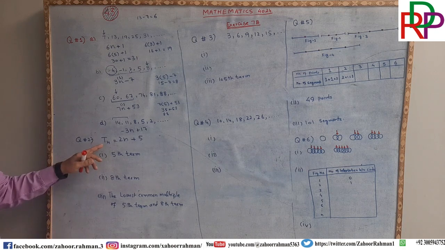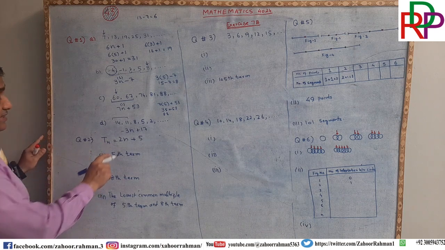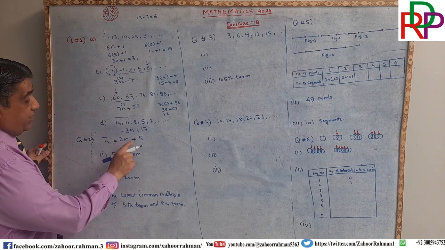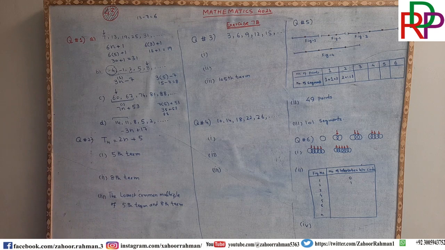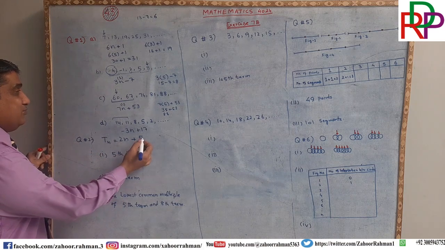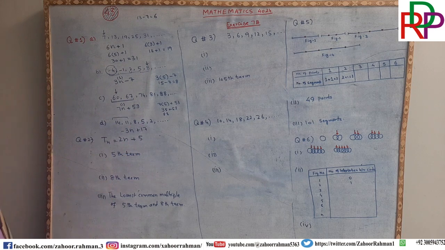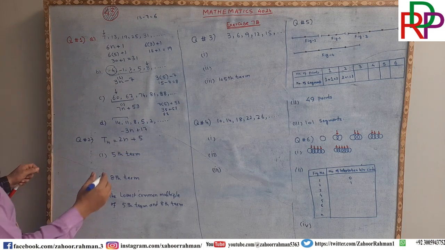So they have given us T subscript n is equal to 2n plus 5. Giving this general formula which we found in these cases, already they have given us the formula.